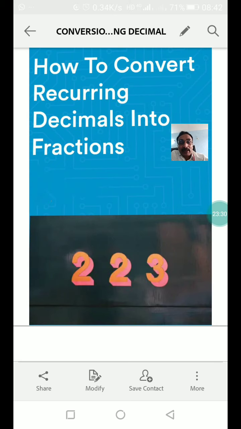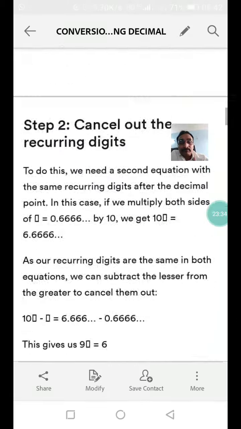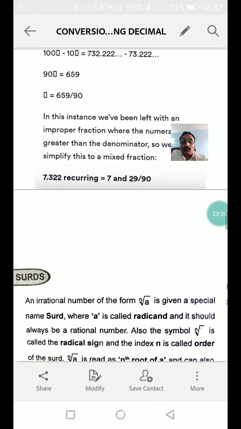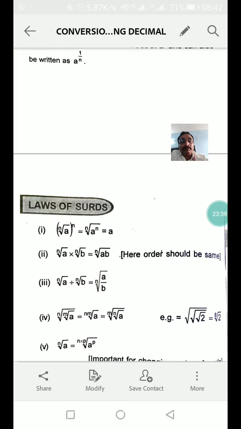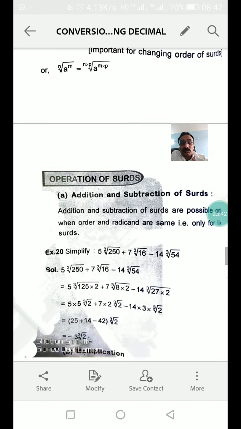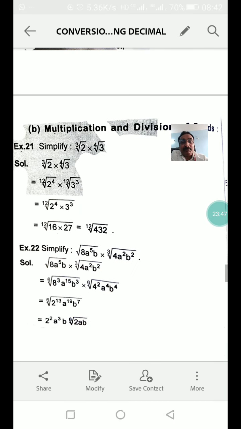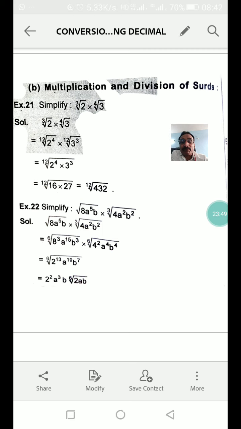Okay. In this way, we can do addition, subtraction or multiplication and division.